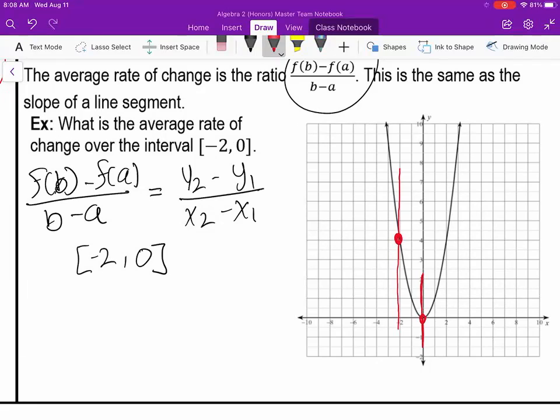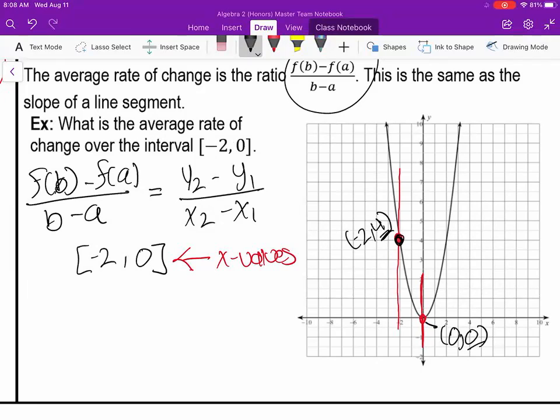Well, let's go ahead and find the values of y, because these ones are the values of x. What is going to be the value of y right here? Well, that point is going to be -2 comma 4, which means that the value of y would be 4. This point right there is 0 comma 0, which means the value of y will be 0.